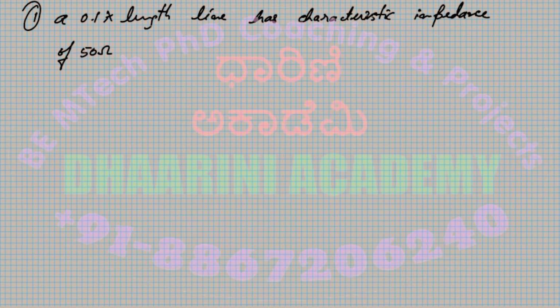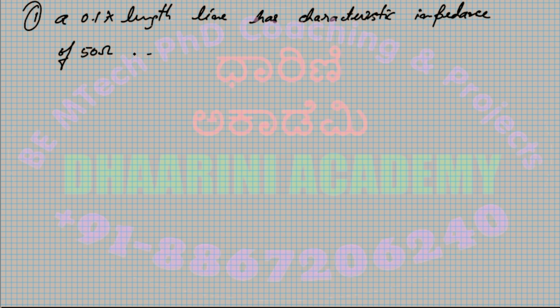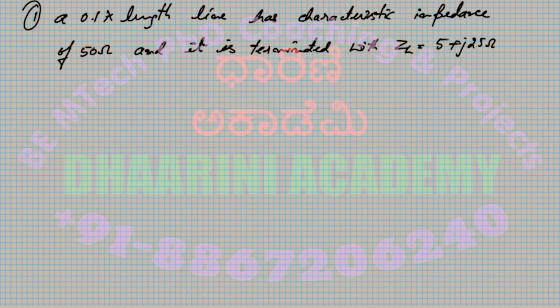The characteristic impedance of the line is given. It is terminated with ZL equal to 5 plus J 25 ohms. So we have certain questions related to this.